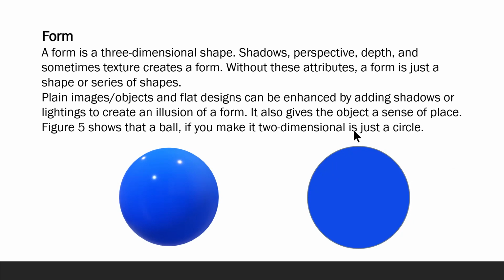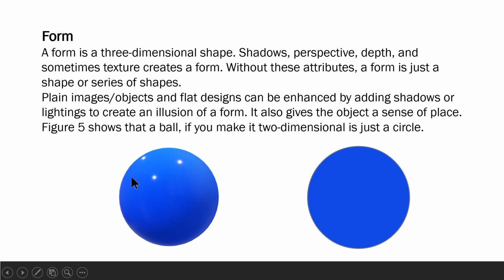The third one is form. Form is also known as a three-dimensional shape. Usually we add shadows, perspective, or depth to create the texture, which we call the form. Without this, it will just show a plain blue circle.